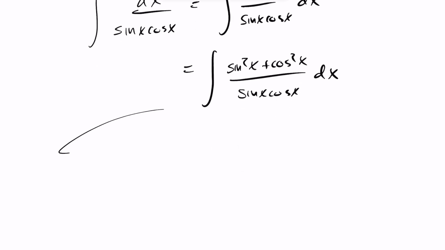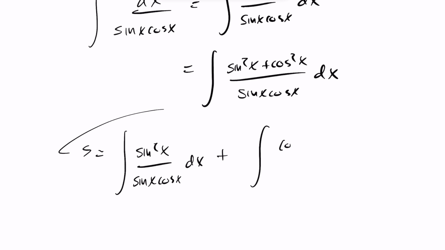Because of that little trick I did there, I end up getting sine squared x over sine x cos x dx plus the integral of cos squared x over sine x cos x dx.